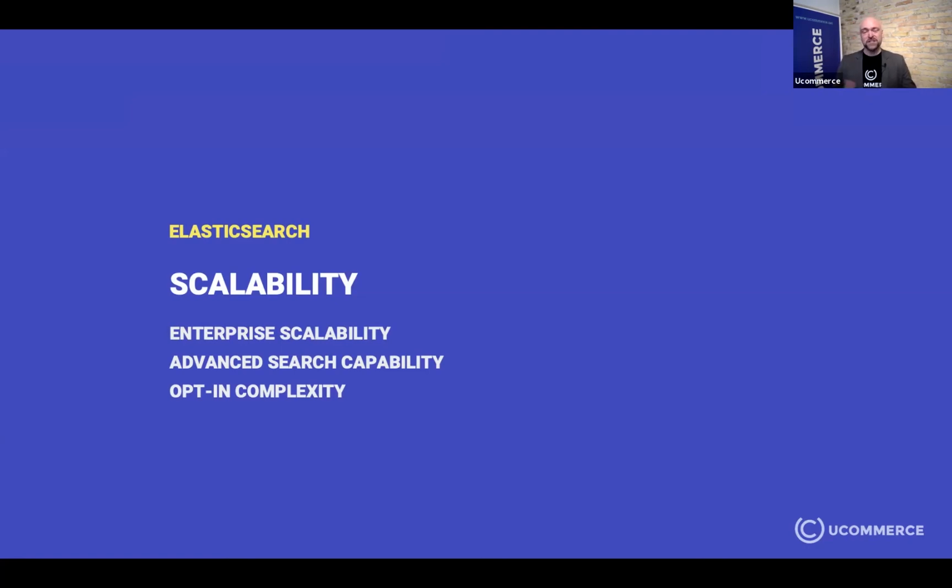And it's worth mentioning the unified API that covers everything from full-text search, facets, standard queries. It's all the same thing. And of course, you don't have to use it if you don't want to. Opt-in complexity means that you can go with a simple provider for scenarios where you do not need scalability and all that. And then later on, you can switch over and use the advanced features of Elasticsearch.